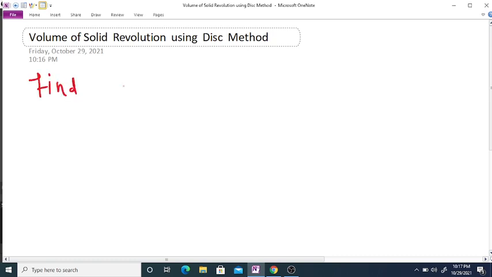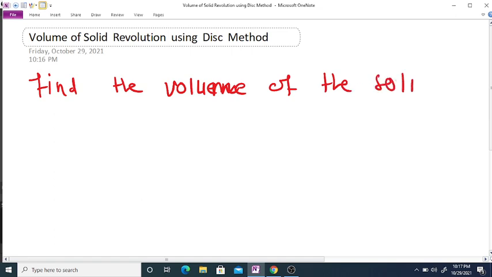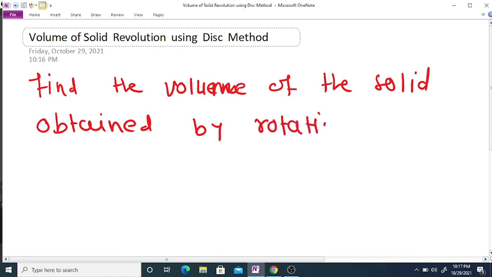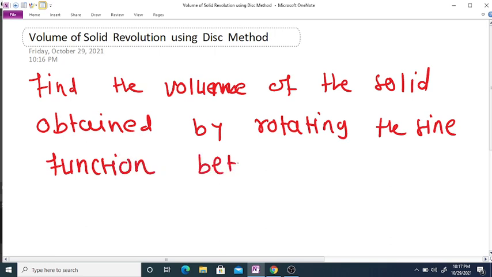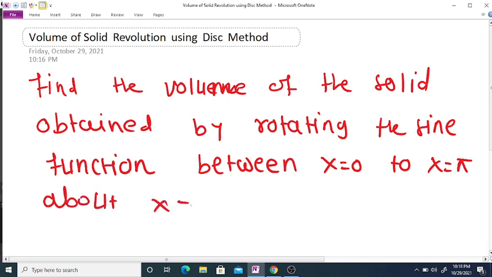Find the volume of the solid. Find the volume of the solid obtained by rotating the sine function between x is equal to 0 to x is equal to pi about the x-axis.